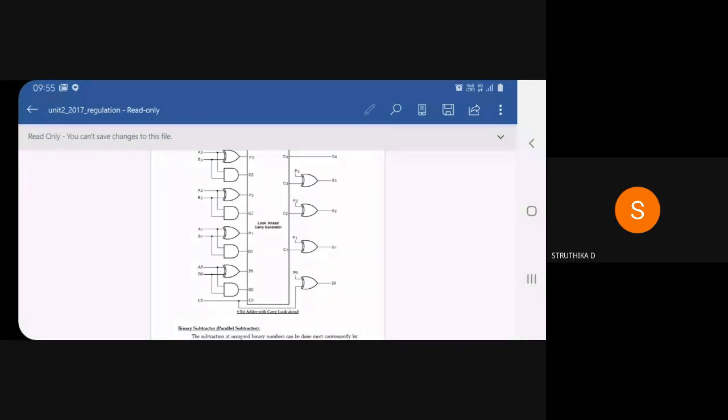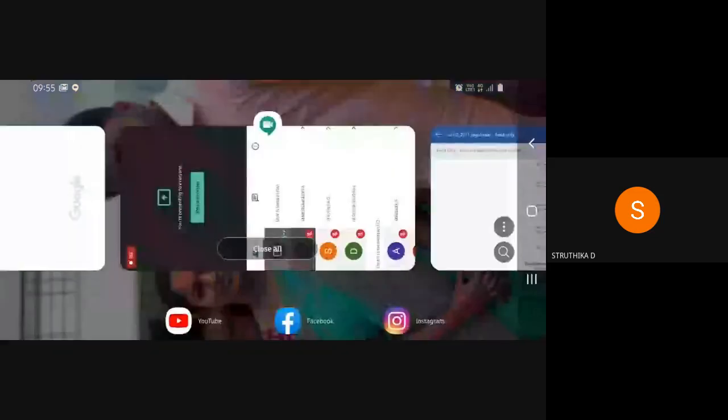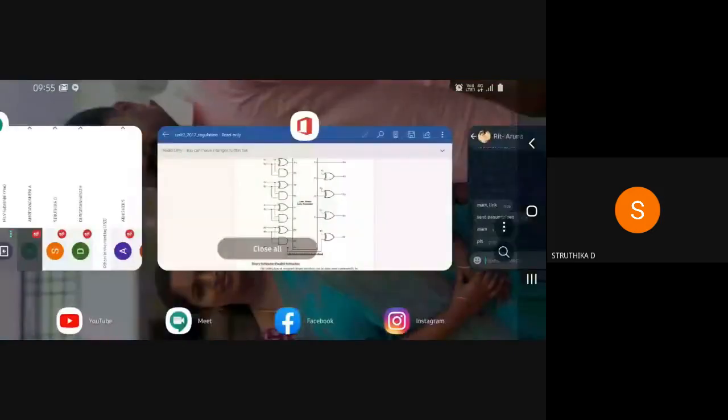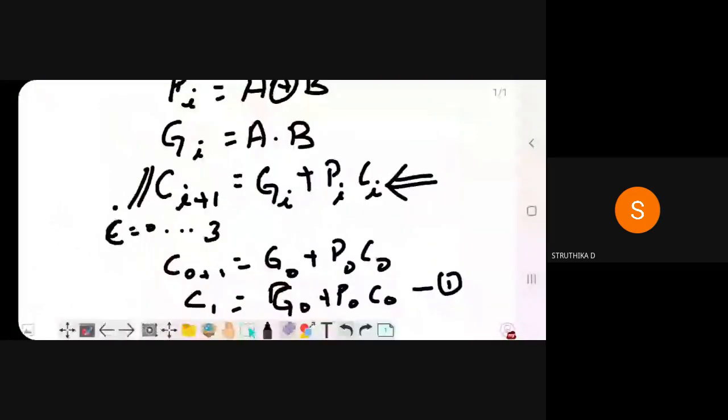Okay, next we are going to see BCD adder. BCD is nothing but binary coded decimal.